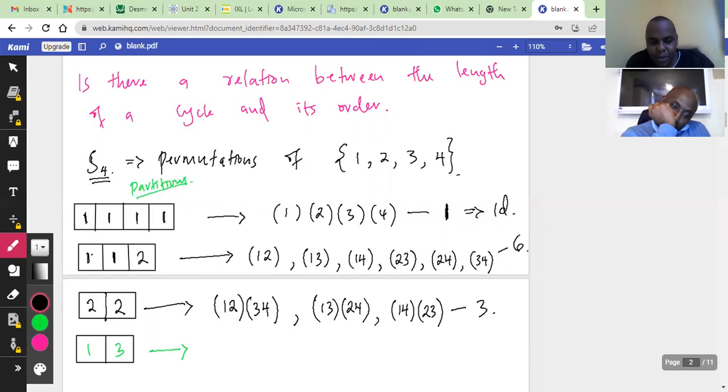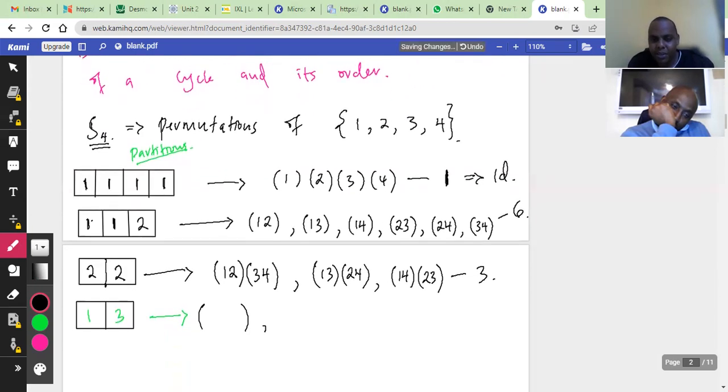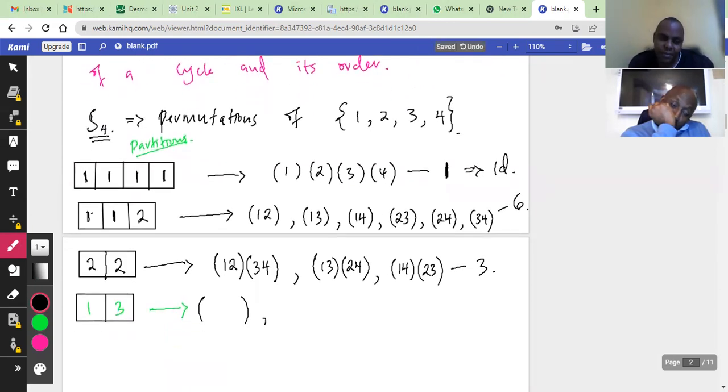So how could you permute 3 numbers? Create a cycle from the set 1, 2, 3, 4. 1, 2, 3. So 1 goes to 2, 2 goes to 3. Very good. 2, 3, 4. 2 goes to 3, 3 goes to 4, 4 goes to 2.